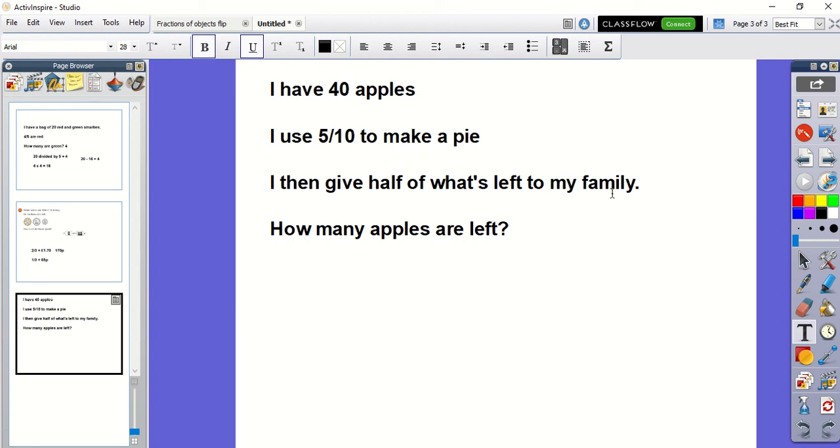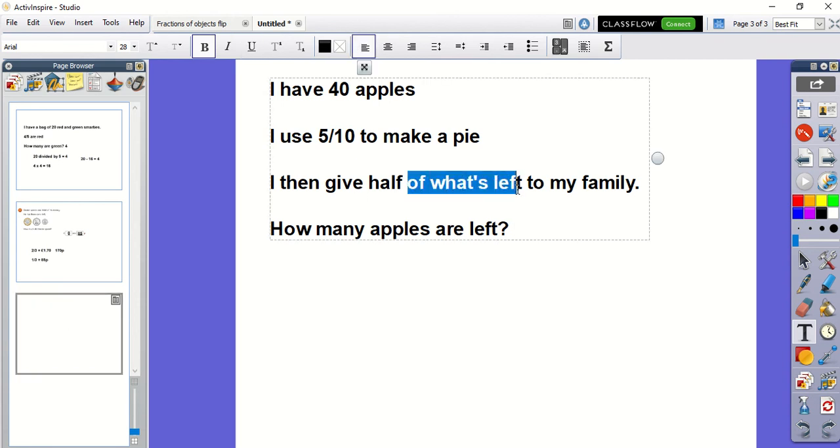How many apples are left? Now the important bit of this question is that I give half of what's left. That doesn't mean he gives half of the 40 to his family. He gives half of however many are left once he's used 5/10.